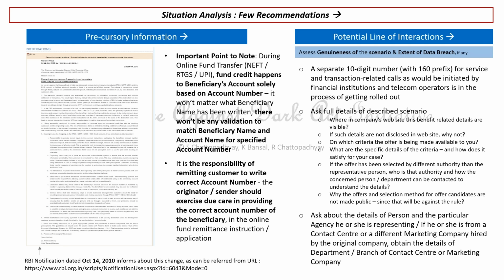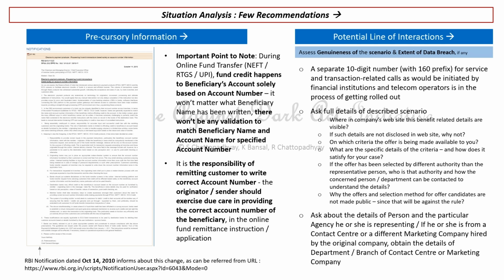Who is making the decisions on these benefits and offers, and how are the authorities engaged in it? Does the authority to make these decisions belong to the financial institution, or are they taken up by a marketing company acting on behalf of the financial institute that is making these offers in the first place?